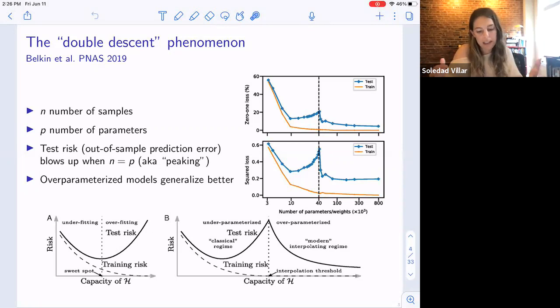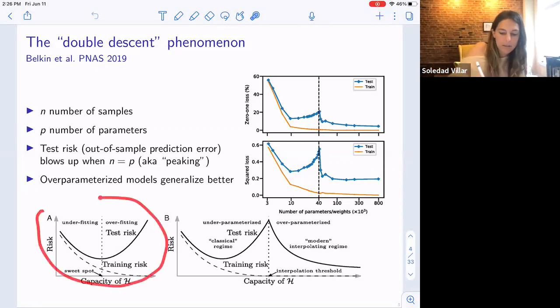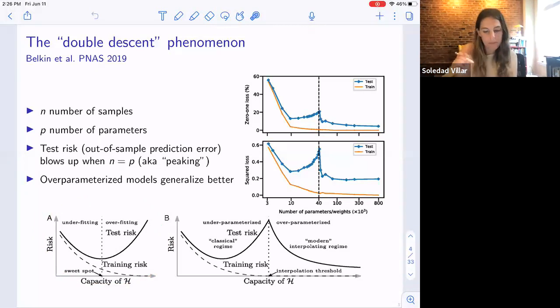Which is in contrast with the classical statistical way of thinking about this problem. In the classical literature, you typically see this curve over here. And this is also an image from this Belkin and collaborators paper, where they say, okay, if your model is not expressive enough, then you're going to be underfitting your data.